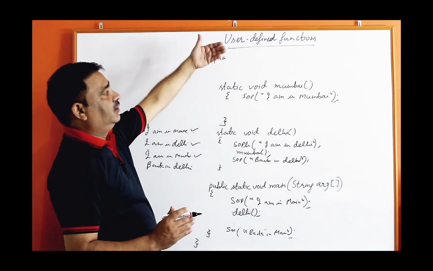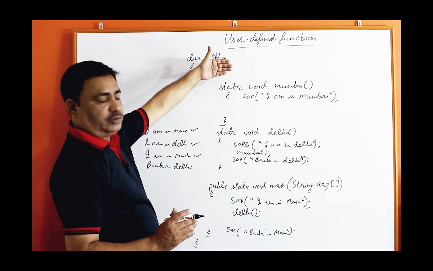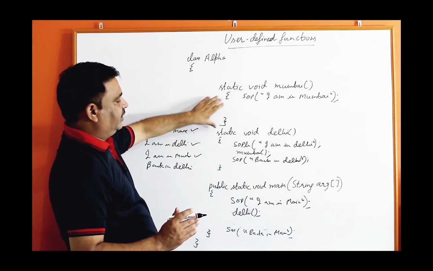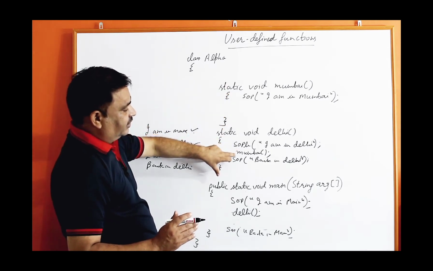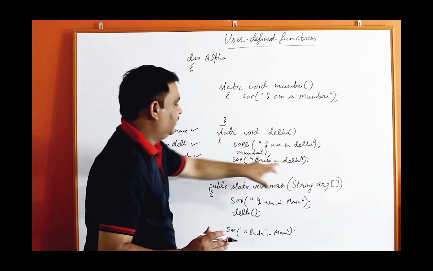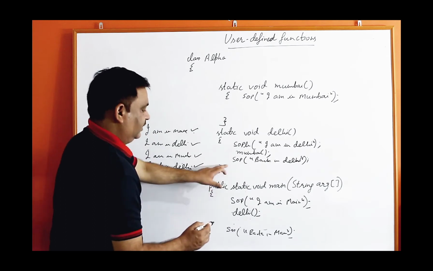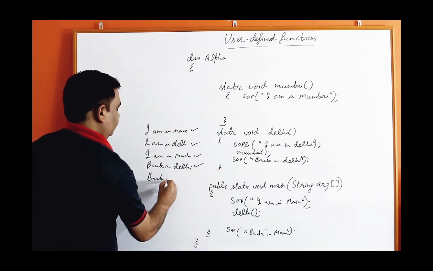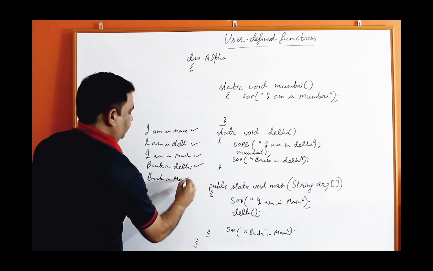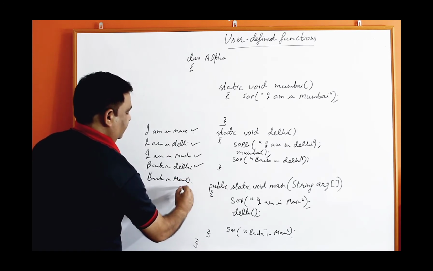Now no more control is transferred to any other function, so this is completed, control will come back here, because control jumps here and comes back to the same statement. The next statement is back in Delhi. After printing back in Delhi, control will come back to main, back in main. This way you can get the output.